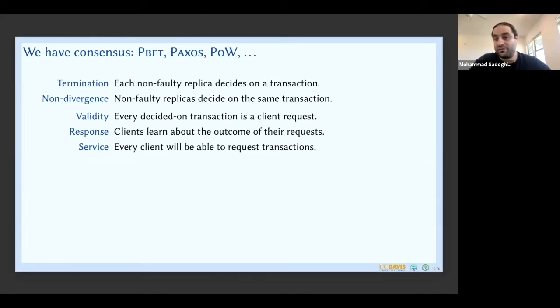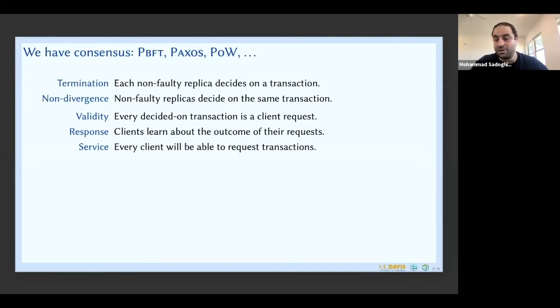There's also a notion of response, that once the transaction was added to the ledger, the client gets informed that the transaction was committed and executed. There's also a notion of service, that you allow every client to eventually request a transaction, and eventually that transaction will be added.